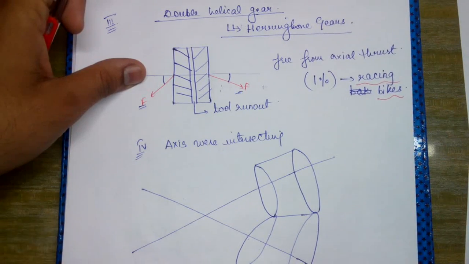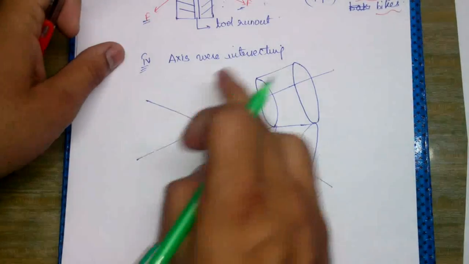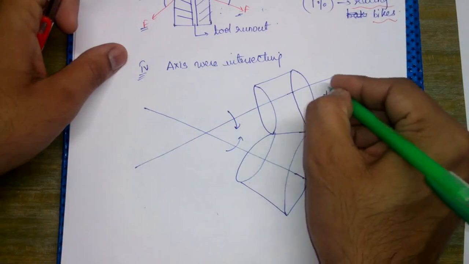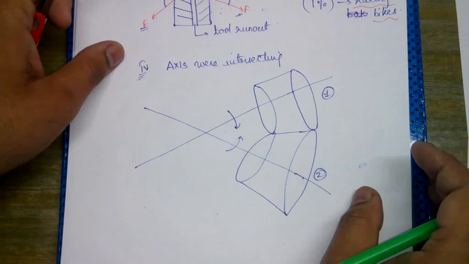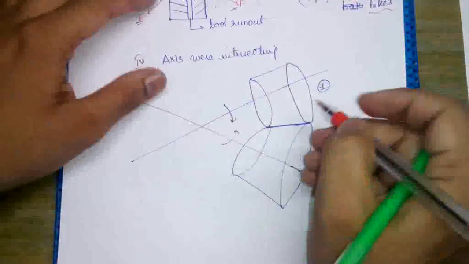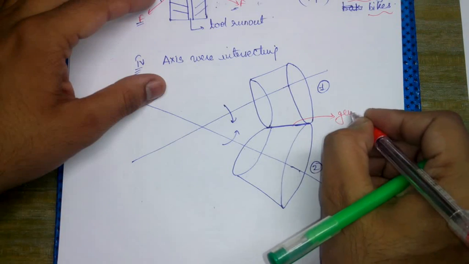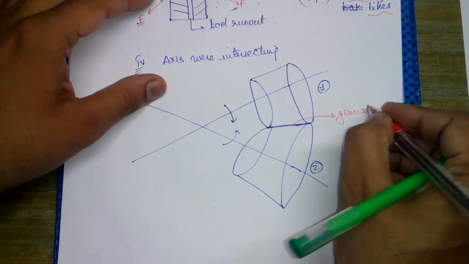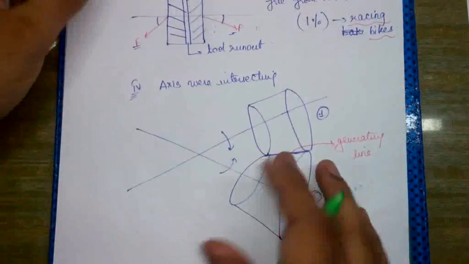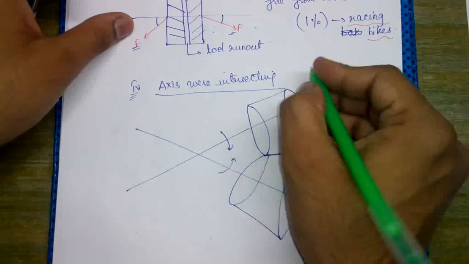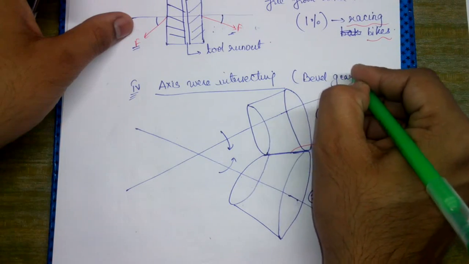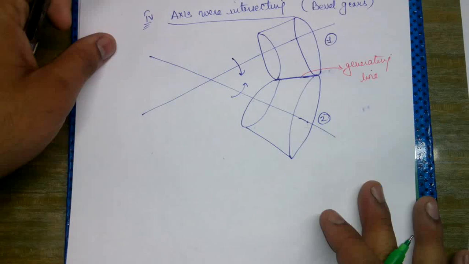So the body or the gears were like this, such that both their axes were intersecting. Say that this is body number 1 and this is body number 2. So the common line that you can see here, it is actually called as the generating line, and such type of gears in which the axes were intersecting, they were called as the bevel gears.